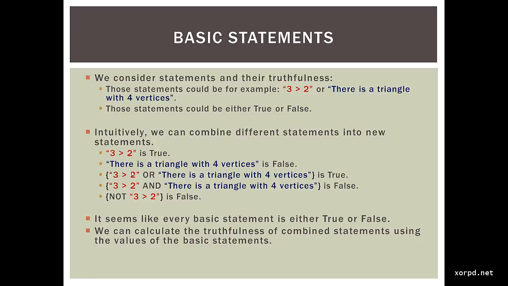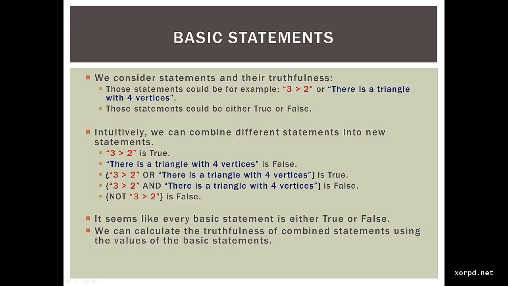For example, this one. 3 is bigger than 2, or there is a triangle with 4 vertices. This is true. And why is that? Because the OR operator means that it would be enough that one of the statements, the first or the second, is true. And we know that this statement, 3 bigger than 2, is true. Thus, the whole statement is true.